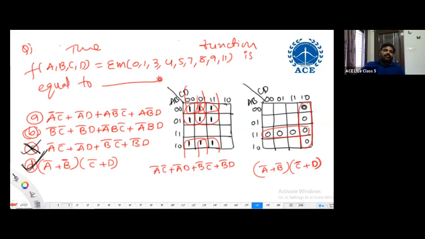The function f of a, b, c, d equals sigma m of 0, 1, 3, 4, 5, 7, 8, 9, 11 is equal to dash. Which option will be correct, or which options will be correct?